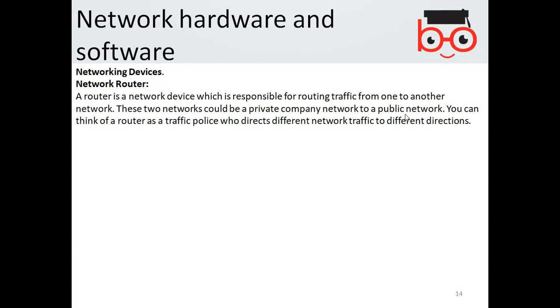So your modem is connected with the outer world and provides you the internet, and further your internet is distributed to different devices which are connected and making a network using, let's say, a hub or switch. Hub is not intelligent, but the switch is intelligent. However, one network router has the capability to provide the functionality of a switch or hub as well as a modem.